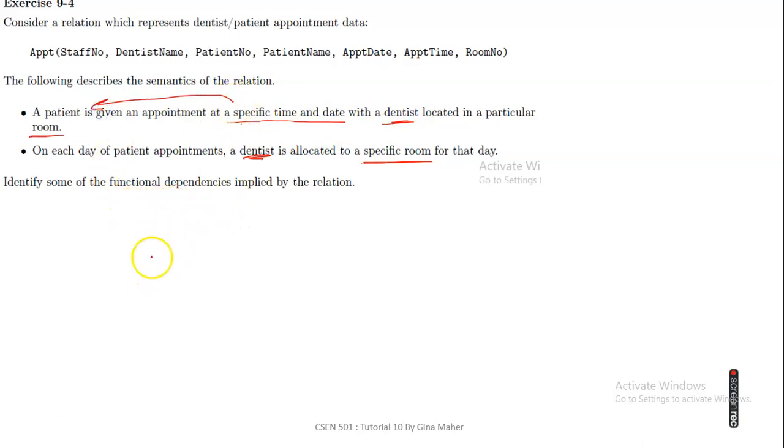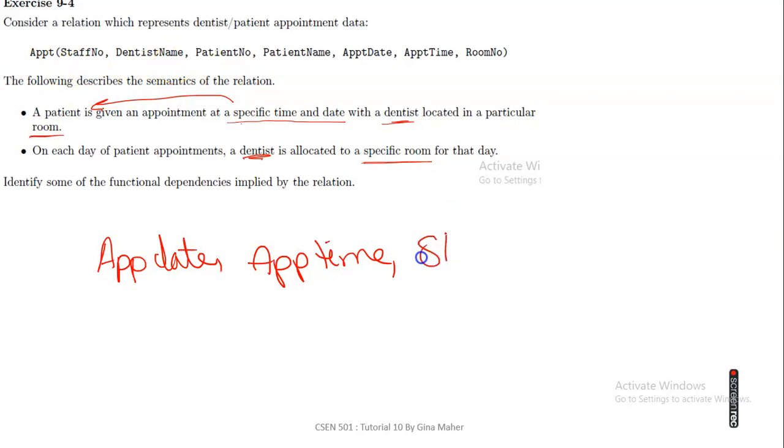So if we have the app date, app time, and the dentist name or the staff number, we can get the patient. This is the first thing.